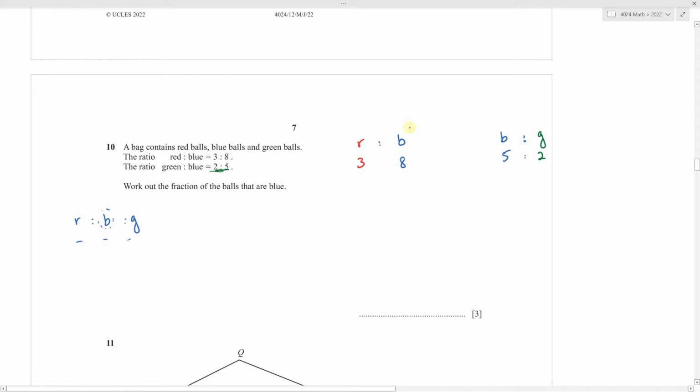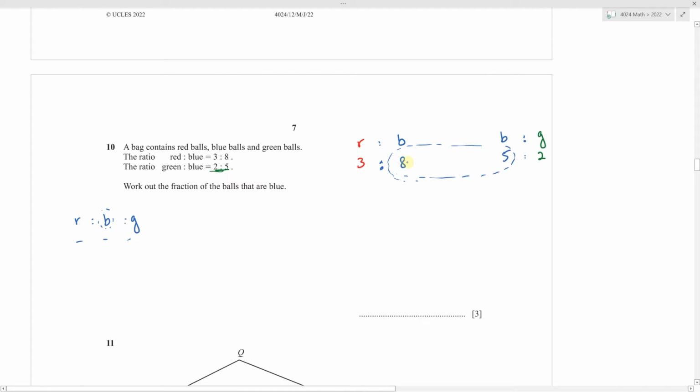So to calculate this, we are given blue as the common ratio because we are given blue ratio red as well as blue ratio green. So blue is the common one which we can use to find the ratio of red ratio green.